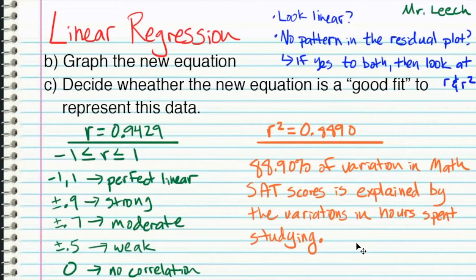What this means is, as I look from person to person at the different hours that they're studying, the changes that we see when I move from person to person only really explains about 89% of why the y might change. So that means we could find about 11% of other x variables that could add on top of the hours spent studying.